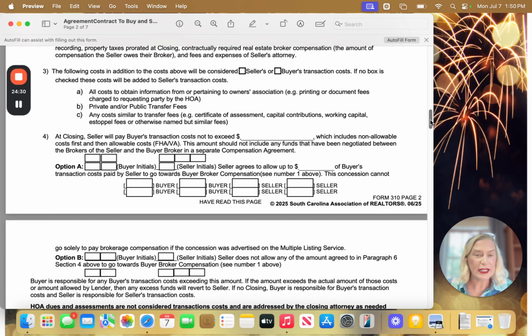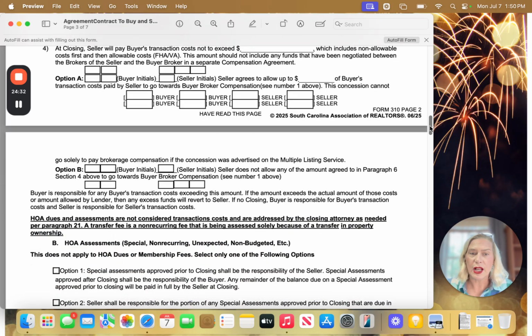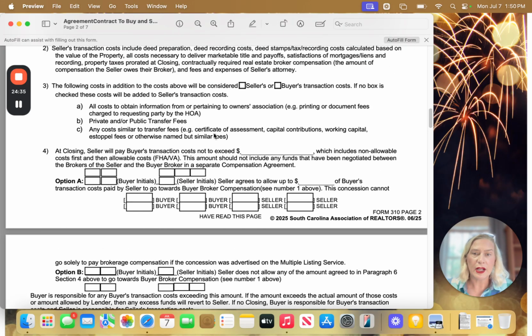I don't know if they made that any clearer or not, but if you're asking for a commission, any part of this transaction cost going towards your commission, just do that first line, 6A4A. That's going to be your best bet, honestly.